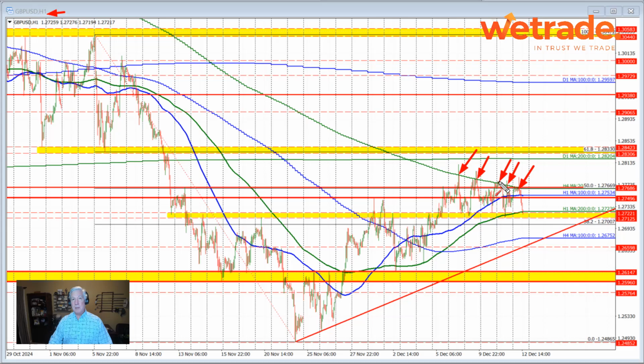So there is an attempt to get above the 50% retracement, an attempt to get above the 200-bar moving average on the 4-hour chart. And that still remains the decision tree for traders.